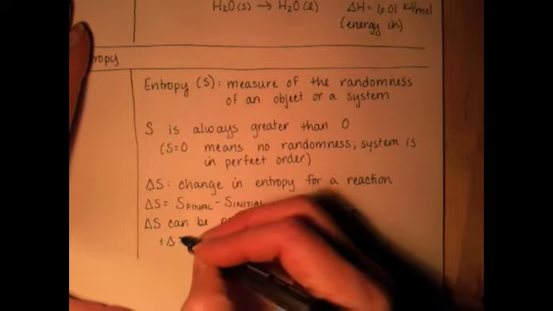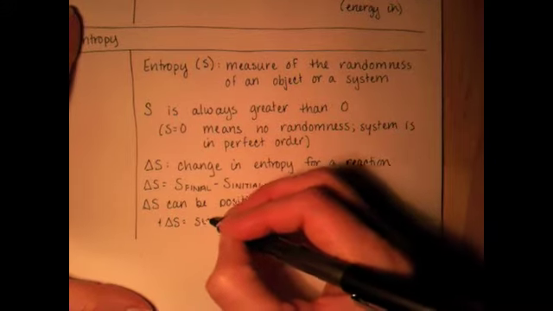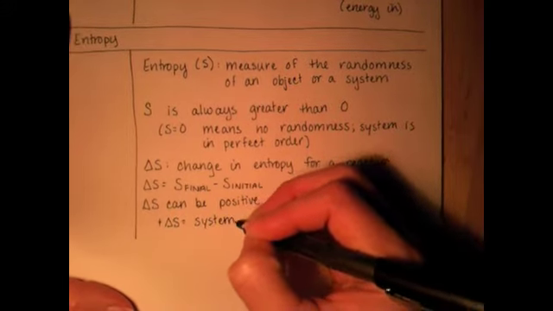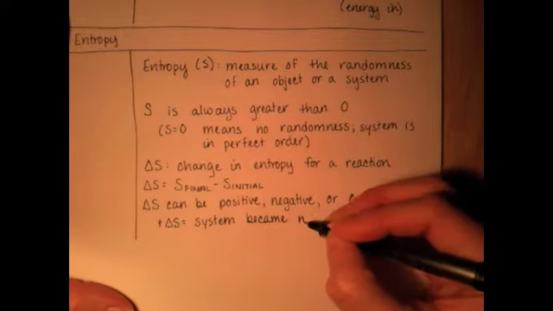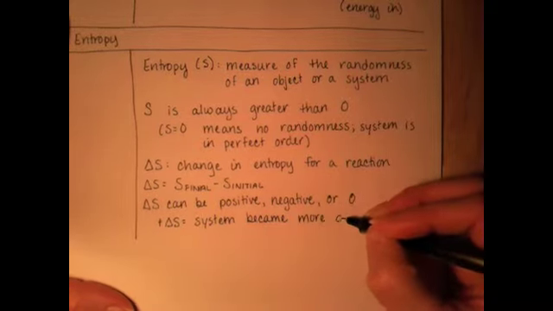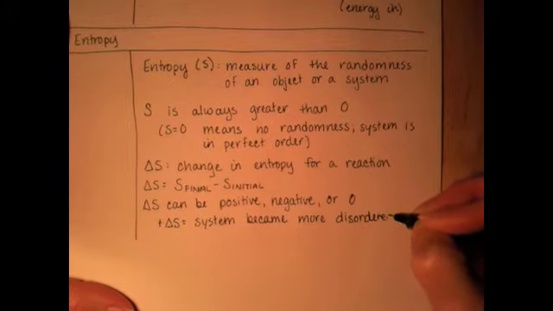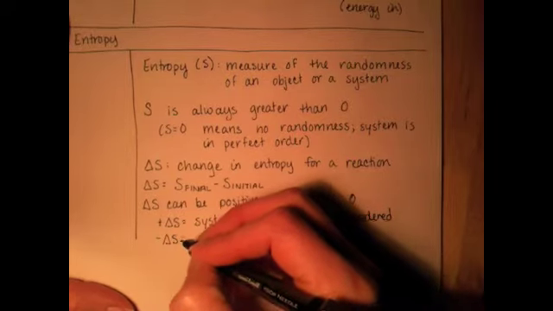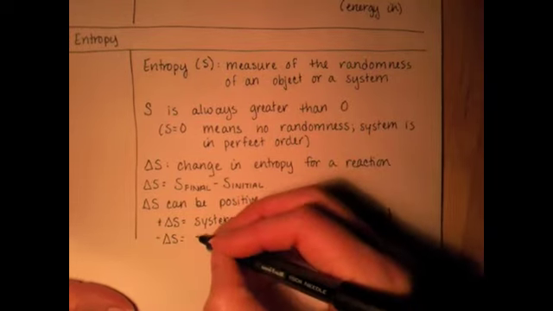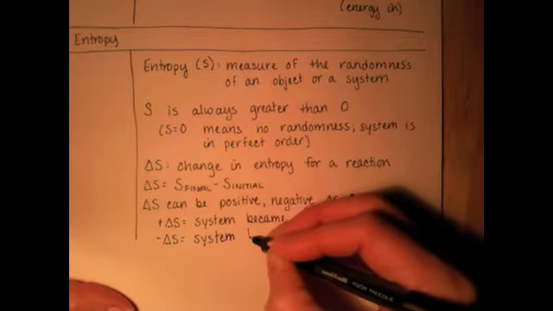A positive delta S means that the system became more disordered or random. A negative delta S means that the system became more ordered, the entropy or the randomness decreased.